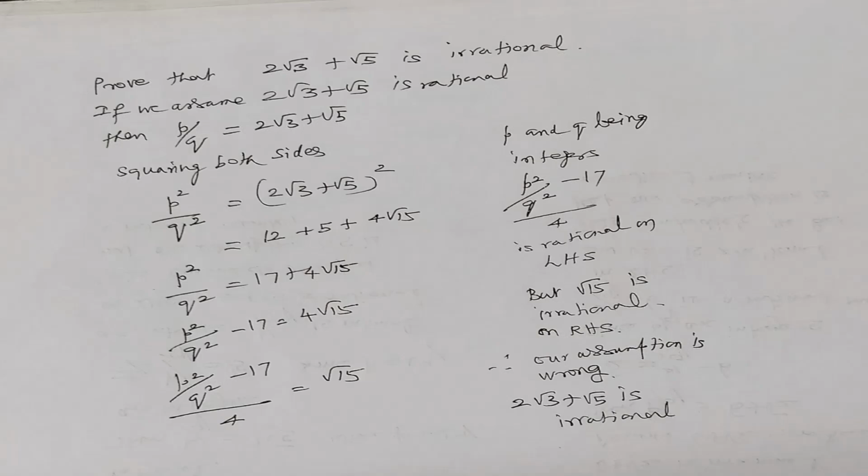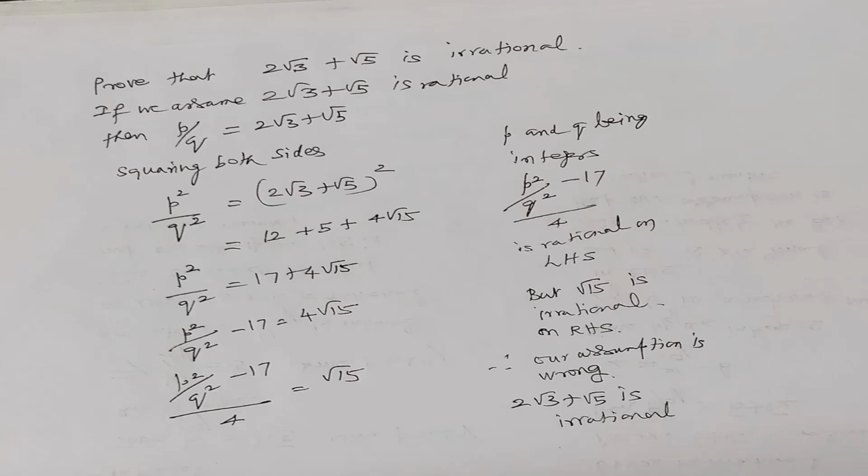Prove that 2 root 3 plus root 5 is irrational. If we assume 2 root 3 plus root 5 is rational, p/q = 2 root 3 plus root 5. Squaring both sides, p squared / q squared = (2 root 3 plus root 5) whole squared. Then apply the (a plus b) whole squared formula. Then it becomes p squared / q squared = 17 plus 4 root 15.